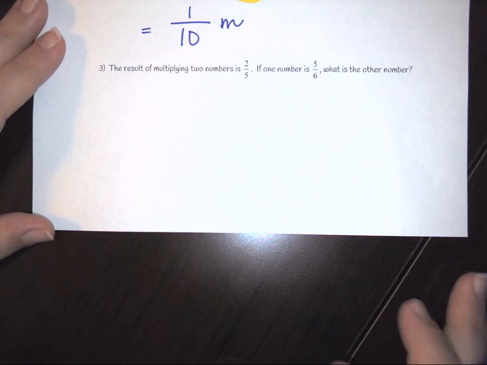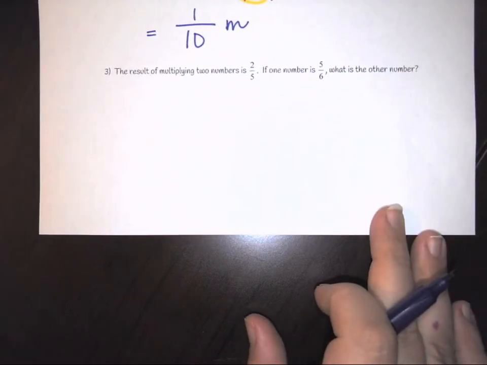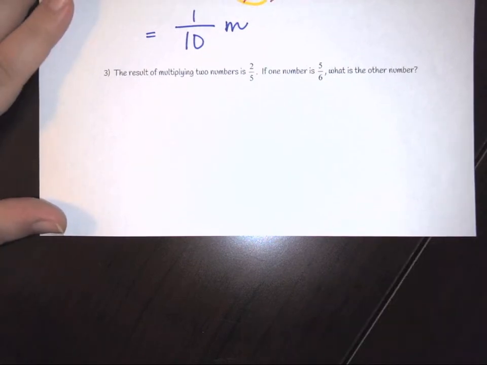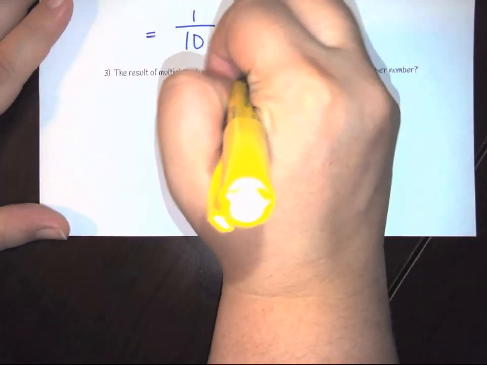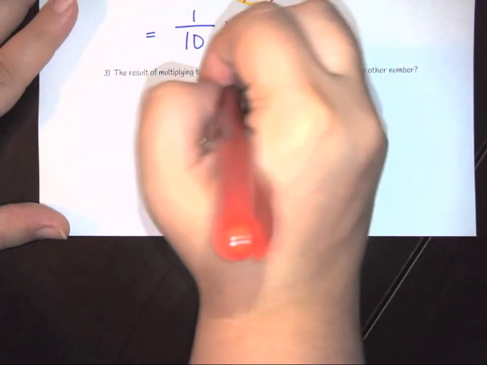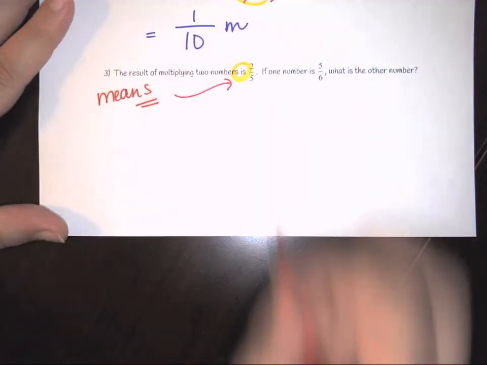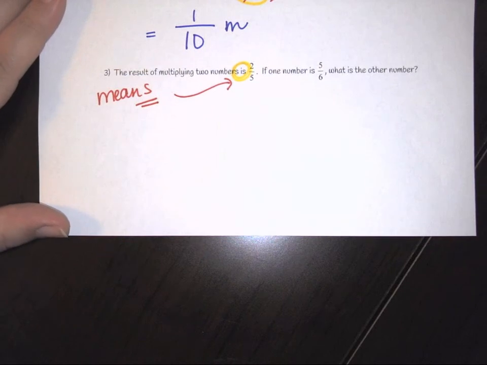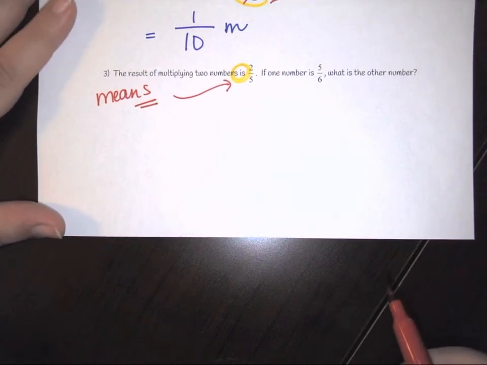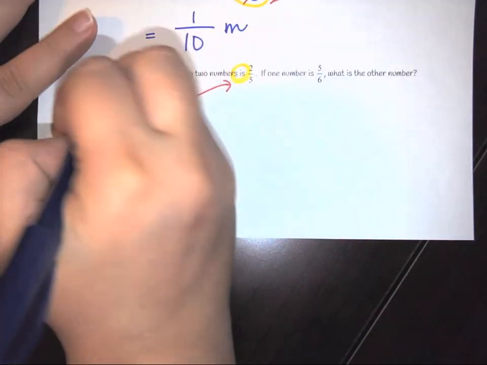Alright, last but not least, we have the result of multiplying two numbers is 2/5. Okay, so one thing that we have to know is that this means equals. So what I'm actually saying here is I'm saying that I have two numbers multiplied together.